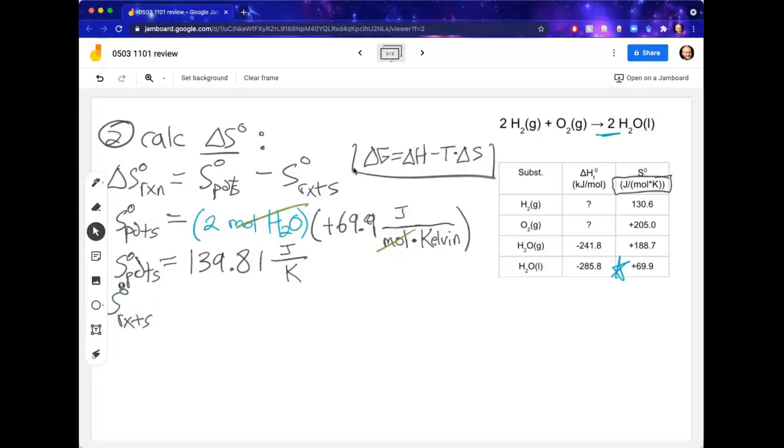I've got two different coefficients now and two different values to add together. So in this case, we're going to have 2 moles of H2 times 130.6 joules per mole Kelvin.